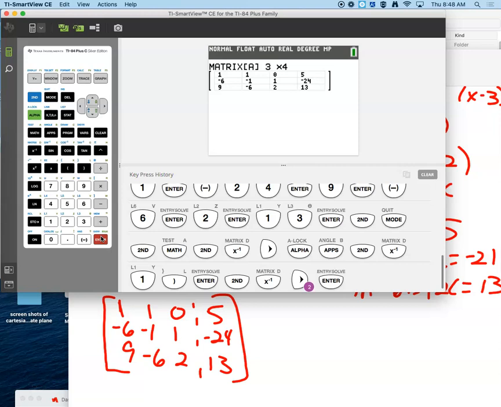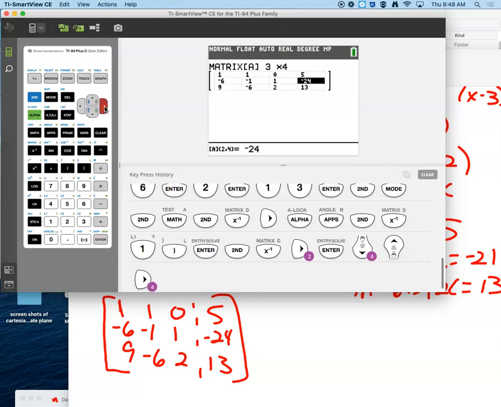Negative 21. There it is. Hit the 4 instead of the 1.